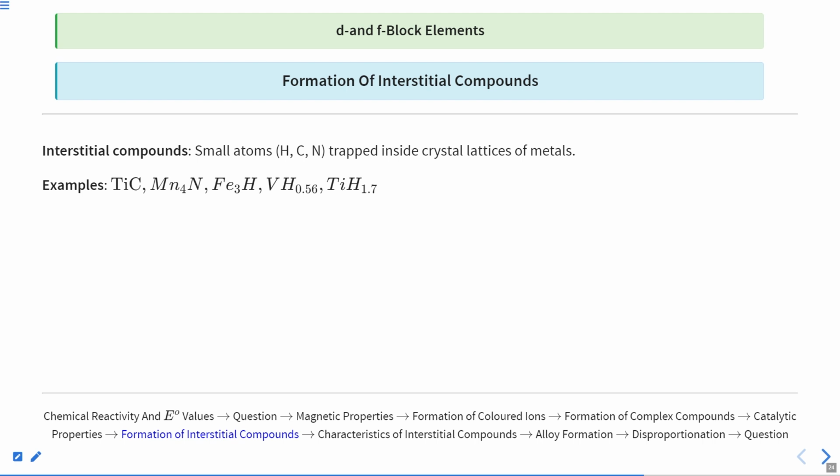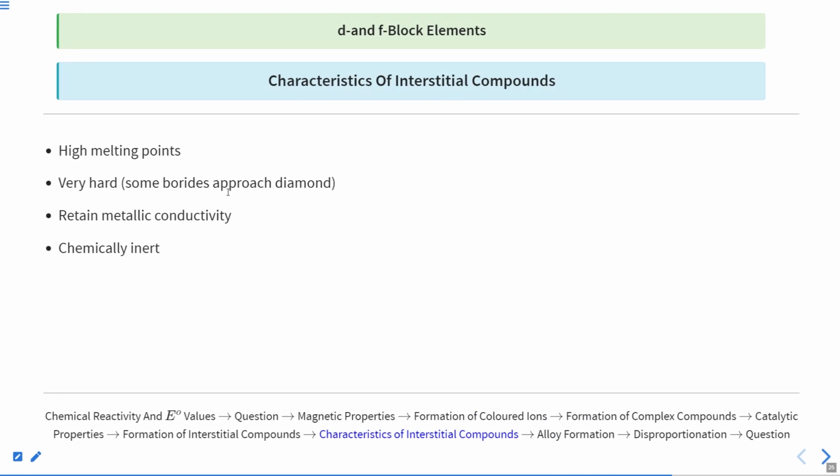Between the metal atoms there is some gap present, and in that the small atoms like hydrogen, carbon, nitrogen get trapped, and they form these types of compounds. You can see that in some cases they are also not whole numbers, like 0.56 and 1.7, because the composition is not well defined. It is just getting trapped there.